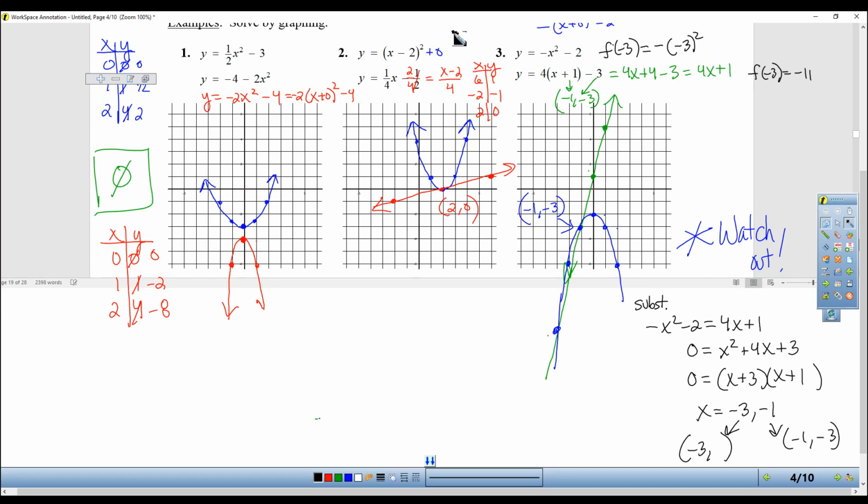In PEMDAS, exponents come before subtraction, so you would square and then subtract. So I'm going to square and then subtract, which would give me -11 also. So this point that you can't see is (-3, -11). So graphing clearly is not the best method.